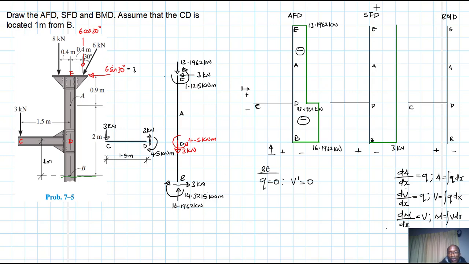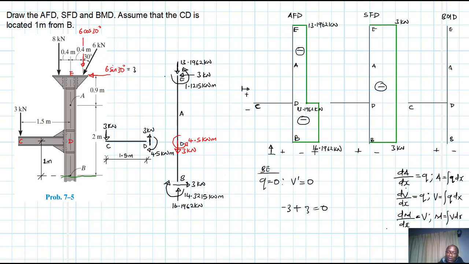Which two? The value at E, so we have a -3, and then a +3, which is going to be equal to 0. So this will enable us to have our diagram closed. Great. So there we are. The whole lot of this is negative. This value here is also 3 kilonewtons.